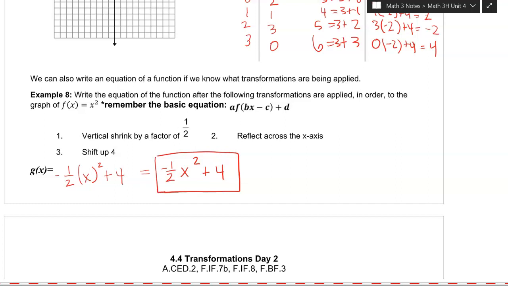And that's your equation. You just apply them to your values here. So our 1/2 was the a, along with the reflect, and then the shift up was our d value, so that plus 4.